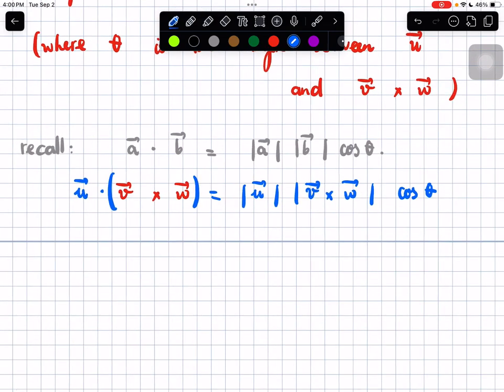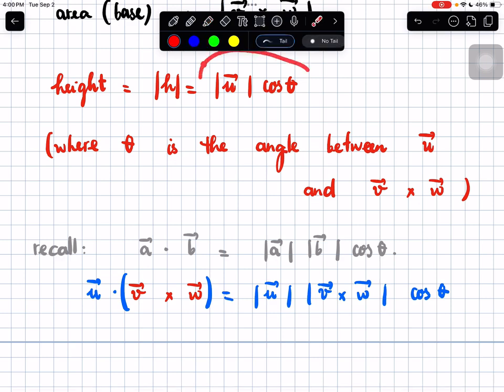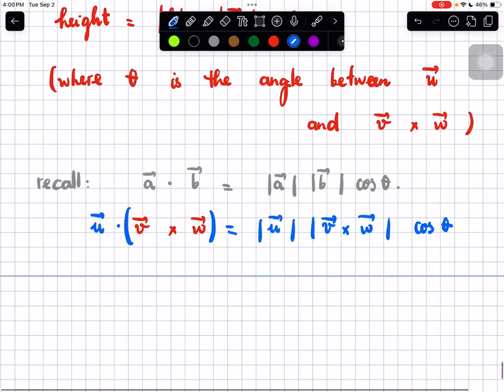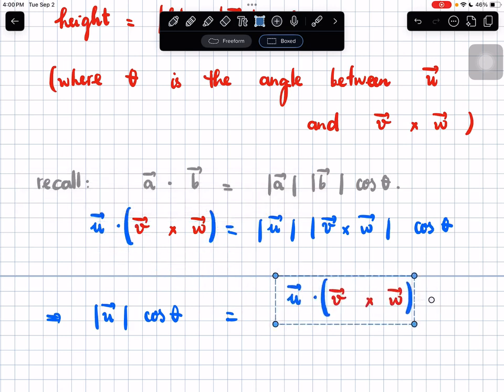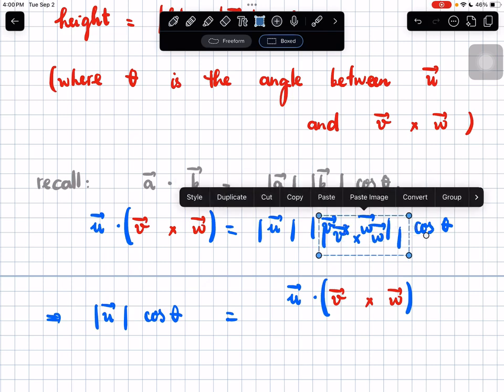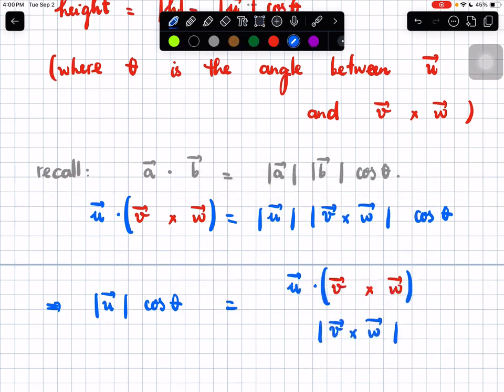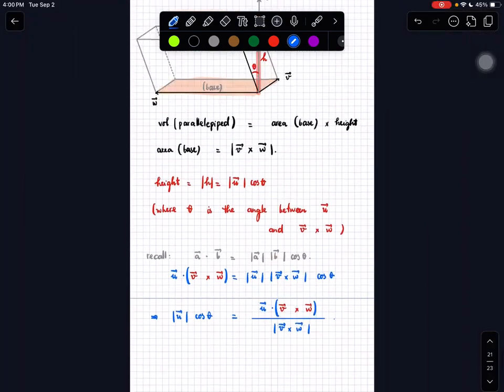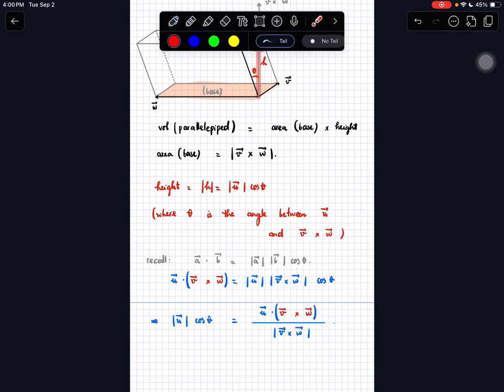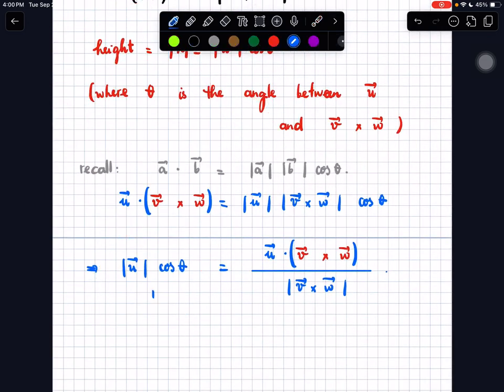So we know that the length of u cosine theta is this dot product divided by this length. So this is the length of u cosine theta, which is the height.